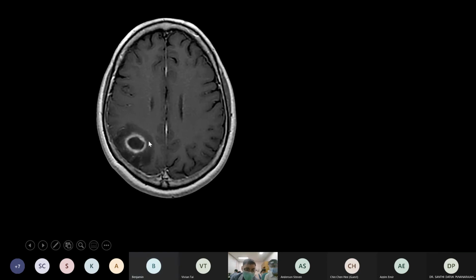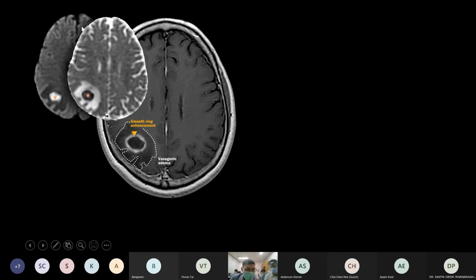So this is a ring enhancing intra-axial lesion that Benjamin has correctly pointed out, and this is complete and well defined. There's also surrounding vasogenic edema which appears dark. You confirm it with DWI and ADC.